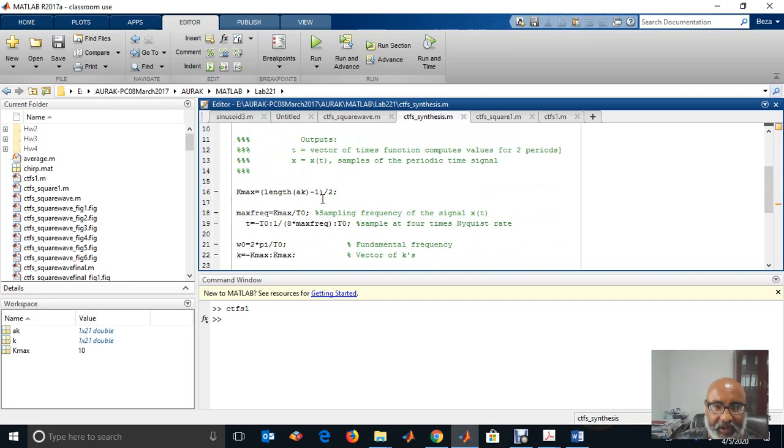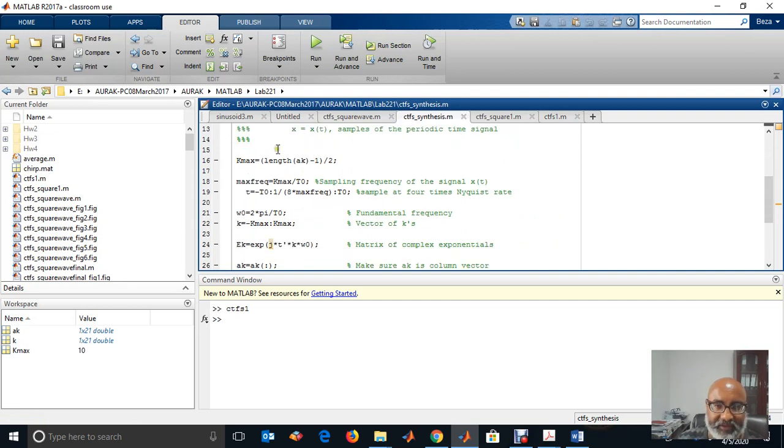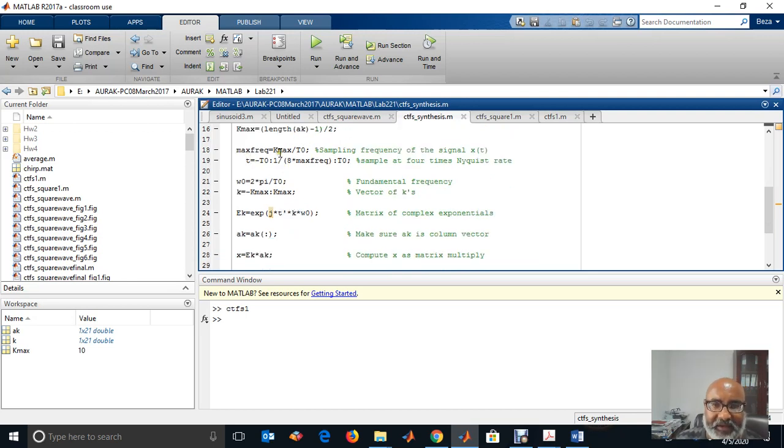Now, if we see this function, what it has here, Kmax. What is Kmax? It is length of AK minus 1 over 2, because we are going from minus Kmax to Kmax. Then here the maximum frequency for the sampling frequency of the signal x of t is defined as Kmax times 1 over T naught. 1 over T naught is the frequency of the signal.